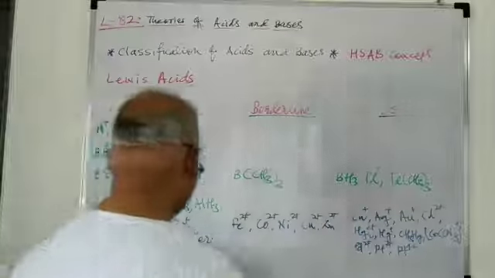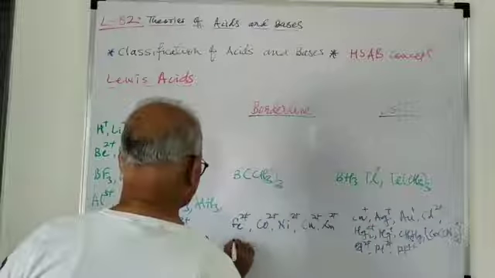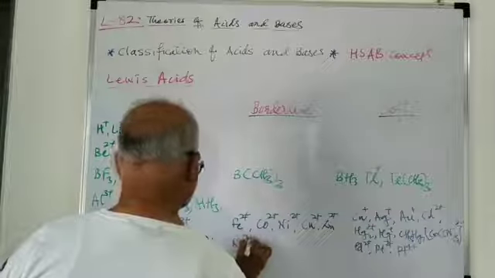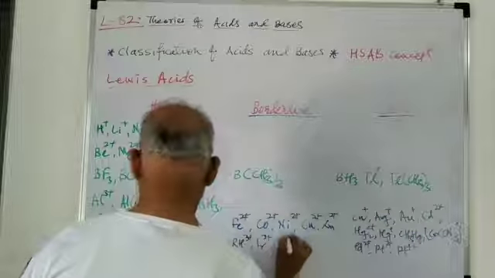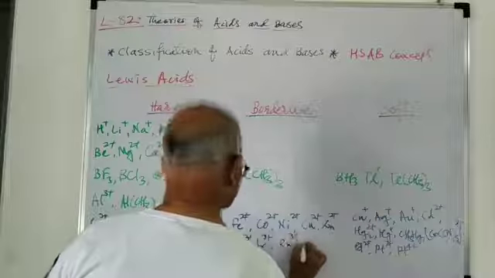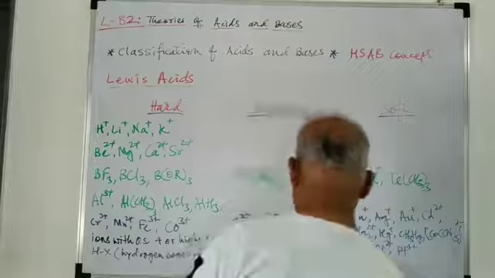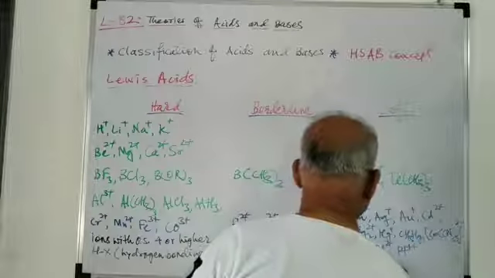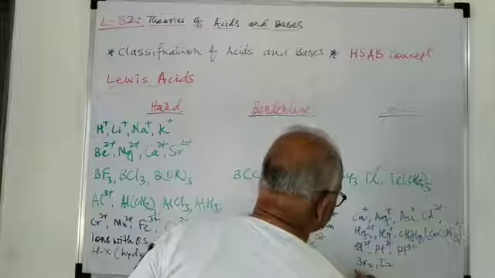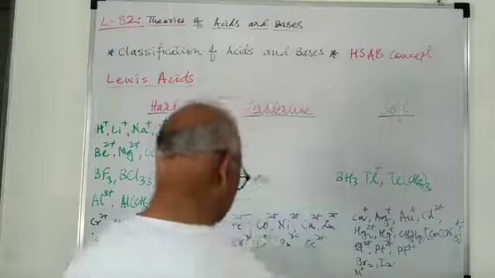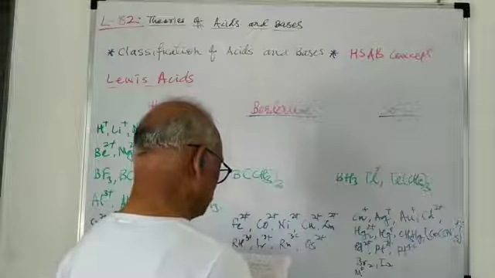So here we will have Rh3 plus, Ir3 plus, Ru3 plus, then osmium 2 plus. Then here we have Br2, I2, and metals, that is M with zero oxidation state and lower oxidation states.